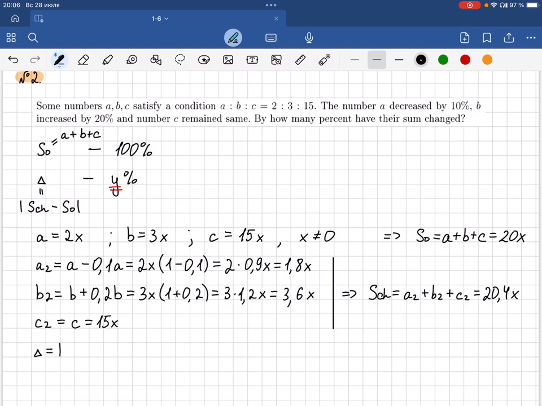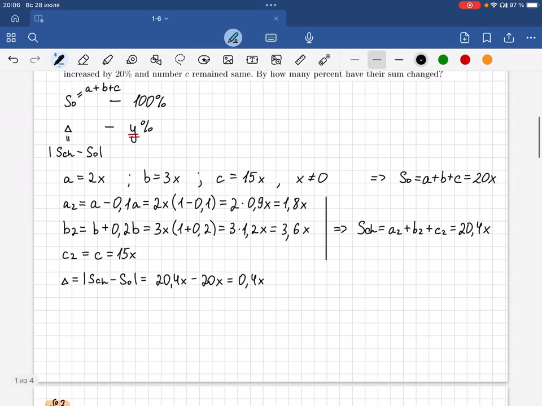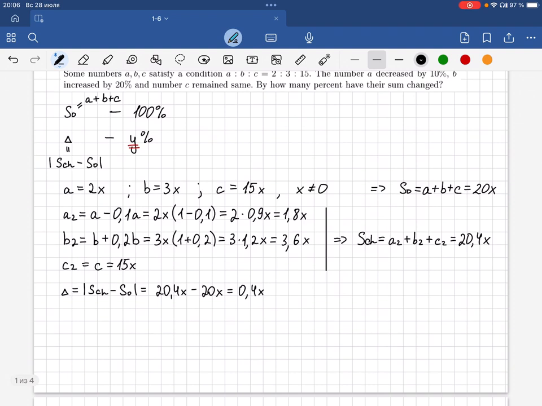Now let's find our delta, which is once again the absolute value of the difference between the sum after change and our initial sum. And this is 20.4x minus 20x, which is 0.4x. And now we can add numbers to here. So our S0 is just 20x.